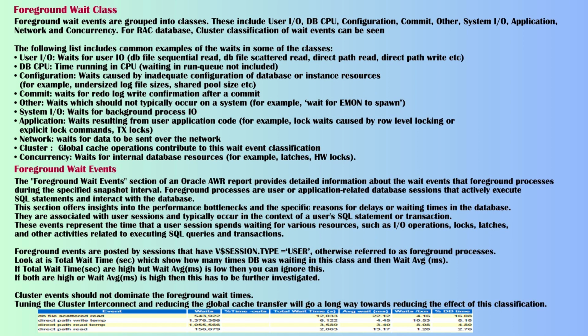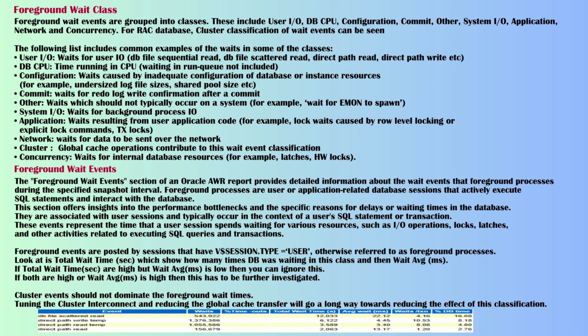The Foreground Wait Events section of an Oracle AWR report provides detailed information about the wait events that foreground processes encounter during the specified snapshot interval. Foreground processes are user or application-related database sessions that actively execute SQL statements and interact with the database. This section offers insights into the performance bottlenecks and the specific reasons for delays or waiting times in the database.